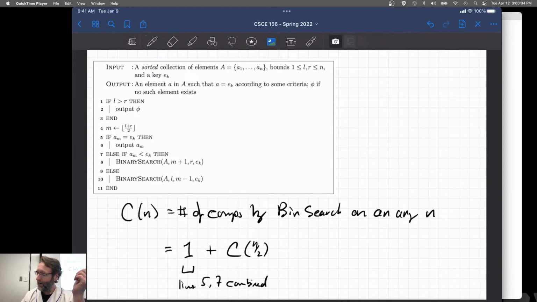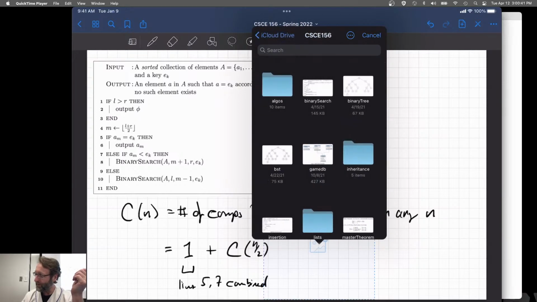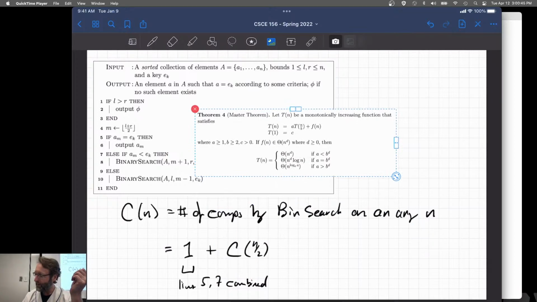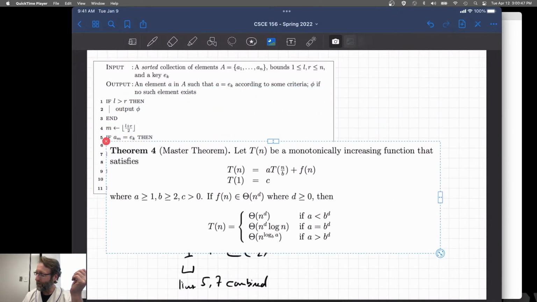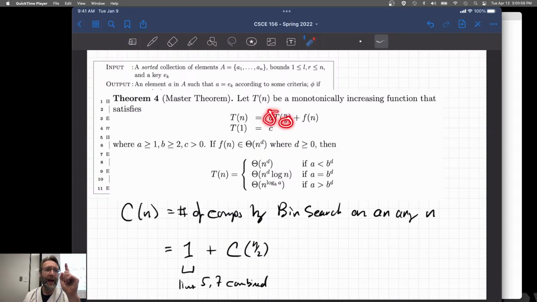But otherwise, you pull out your trusty friend here. Oh, where is it? There we go. Master theorem. There we go. And you realize that it's of this form. Right? You make one recursive call, so A is 1, on an array of half the size, B is 2, and you do an amount of non-recursive work that is proportional to n to the 0.